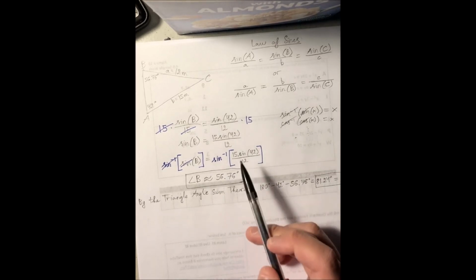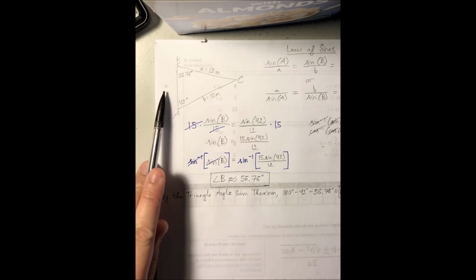Because think about it, there's no way you can do this by hand or mentally. Additional note, if you want to evaluate the side lowercase c, all you have to do is, just like in my previous examples, use the law of sines again. And you see how easy it is going to be now that we know all three angles.